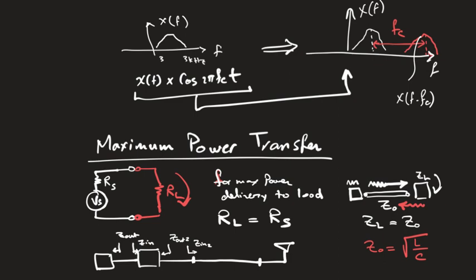Okay, so that's one thing. The other concept that we want to talk about, another important thing to remember from your electronics course. So remember in your electronics, you studied things like amplifiers, right? Filters, right?